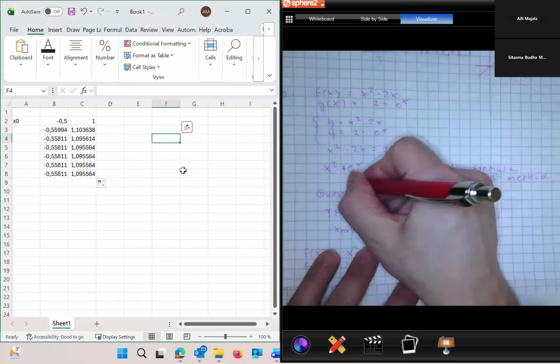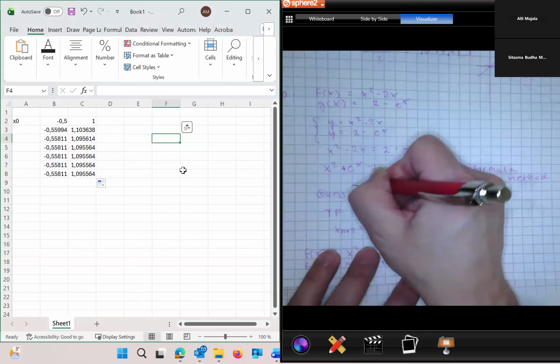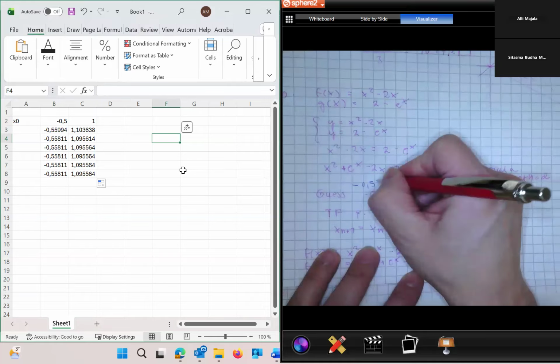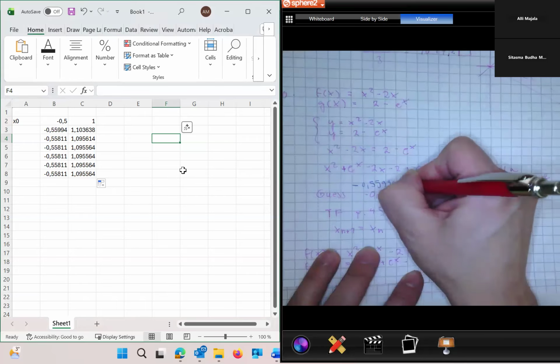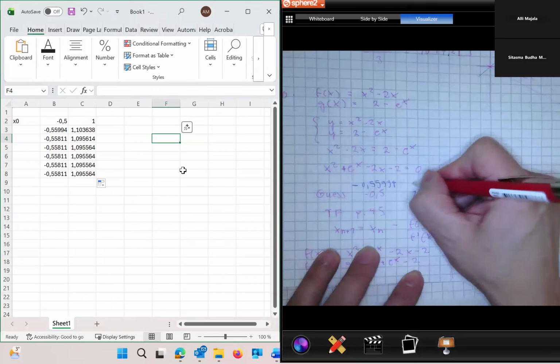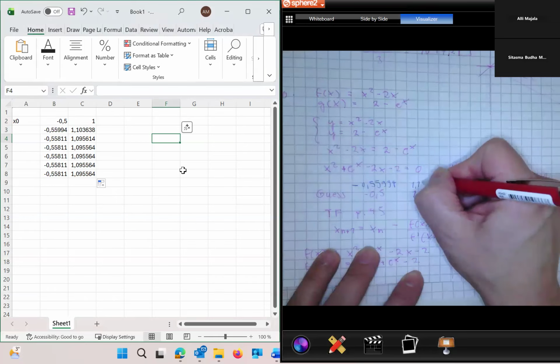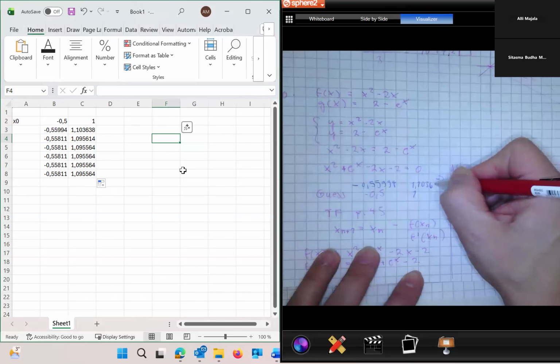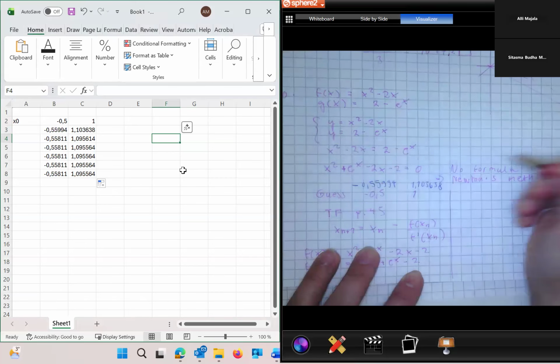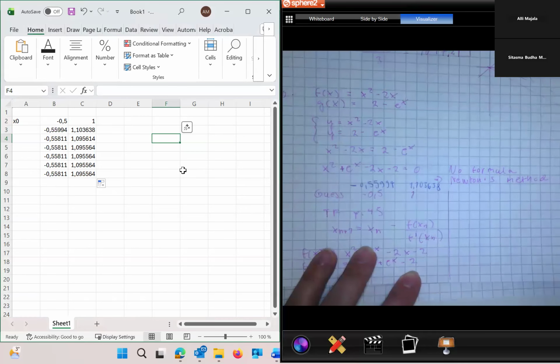So they ended up being minus 0.5994 and 1.103638. And now I can do the integration.